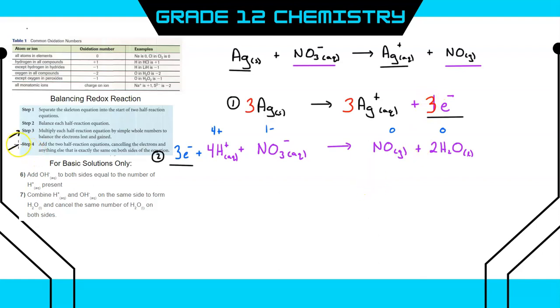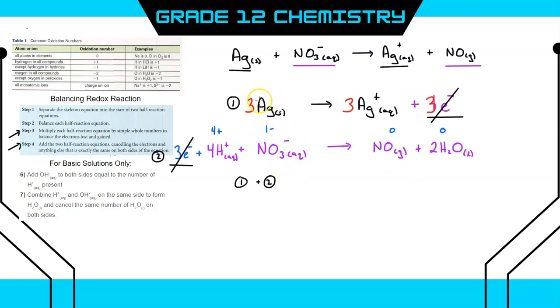Moving on to step 4, we're going to add the 2 half equations, canceling the electrons. And that's what we really wanted. That was the purpose of step 3, so that when we take equation 1 and add to equation 2, we have the same number of electrons in our reactants as our products so that they cancel. So let's just write down everything else we have then.